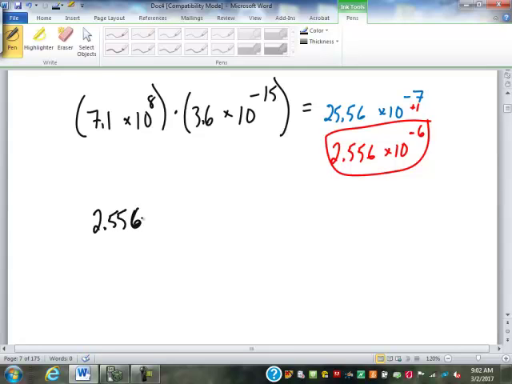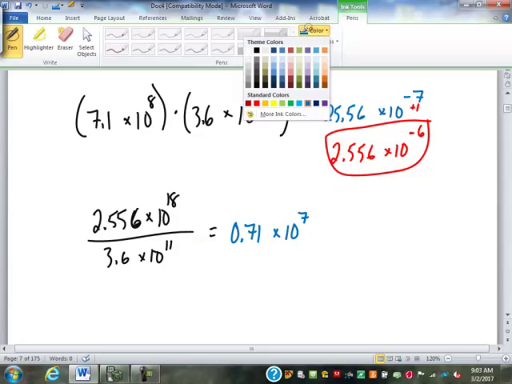So let's say we have 2.556 times 10 to the 18th divided by 3.6 times 10 to the 11th. We're going to divide 2.556 by 3.6, which is 0.71. What do we do when we divide exponents with like bases? What happens to the powers? We subtract. 18 minus 11 is 7, so it's 10 to the 7th.